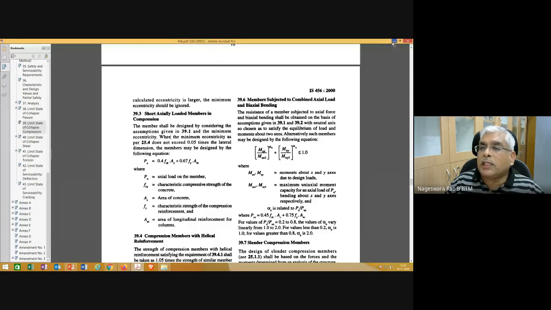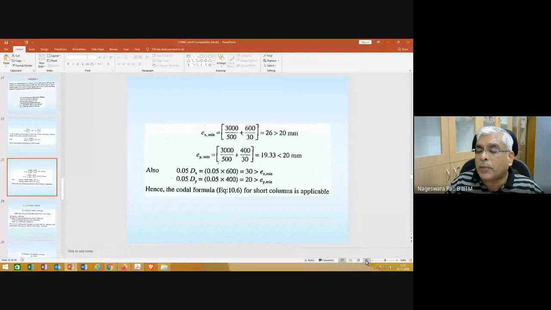So minimum eccentricity is checked with respect to that as well: 0.05 multiplied by the corresponding lateral dimension. That is what is mentioned, and then the Codal formula for short columns is applicable.